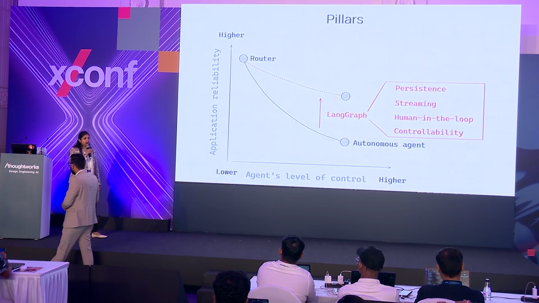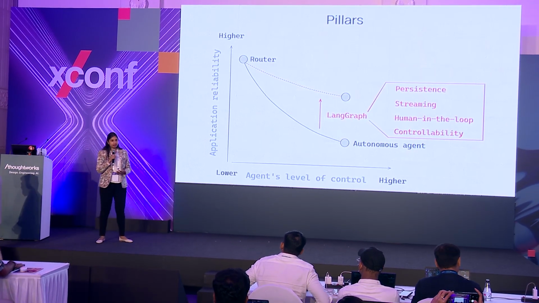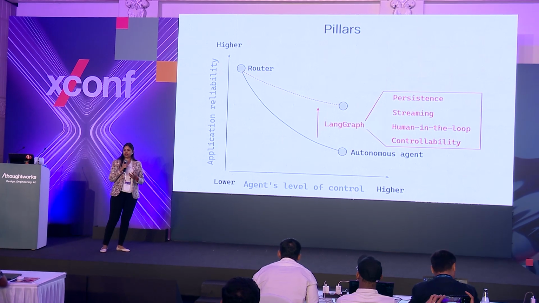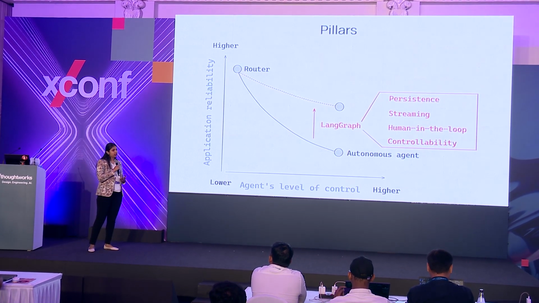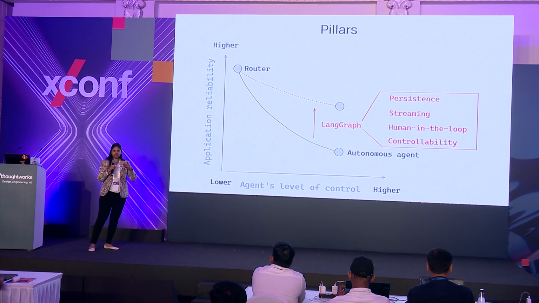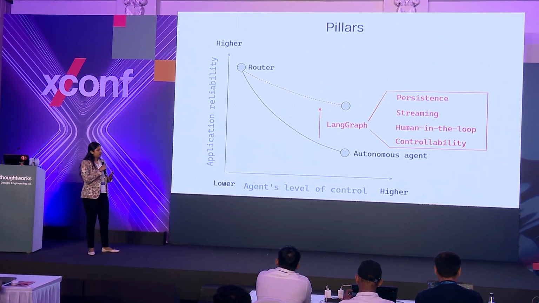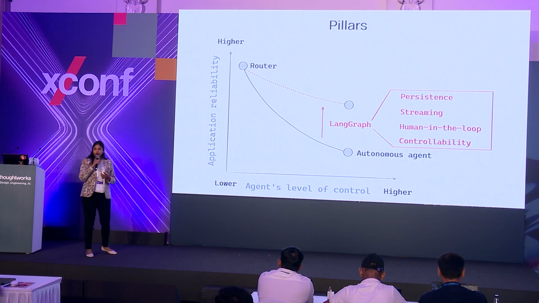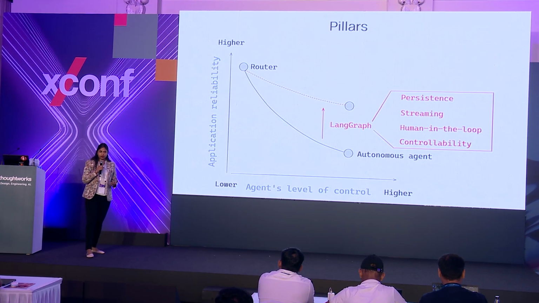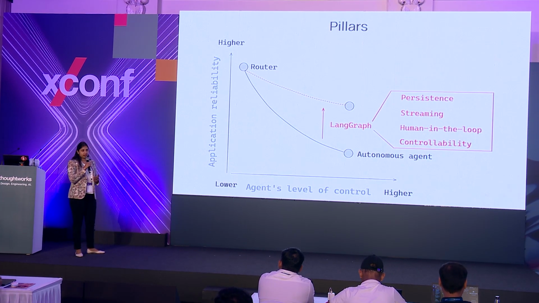Okay, so as we increase the complexity of the agents, where we are involving more and more decisioning, the reliability of our agent reduces, right? That is why different types of frameworks came. So today we are going to talk about one of the frameworks, which is LangGraph, and see what problems it is going to solve.